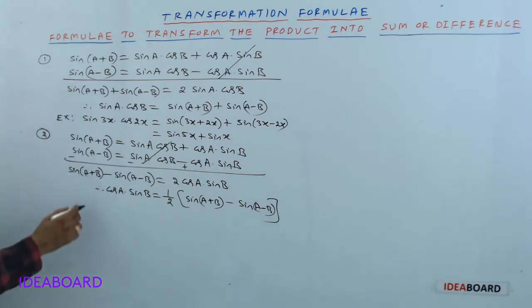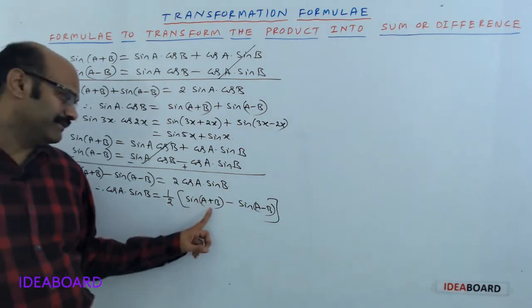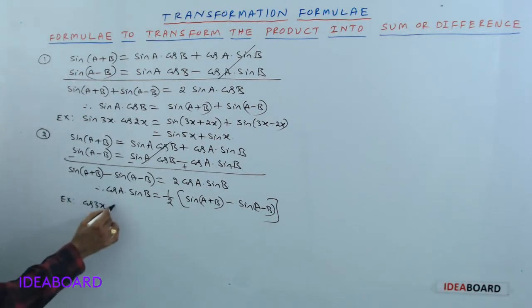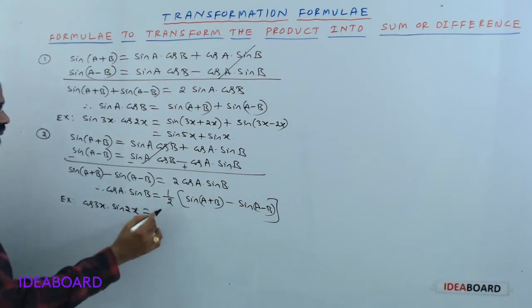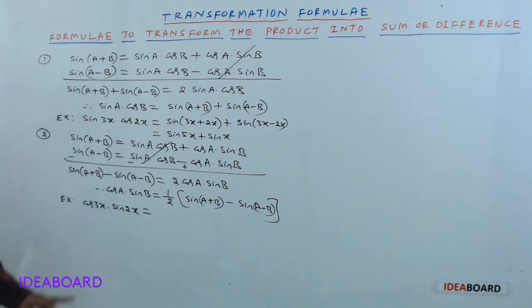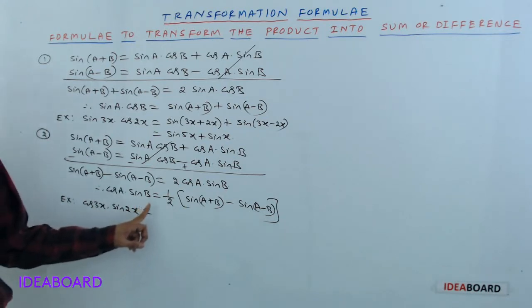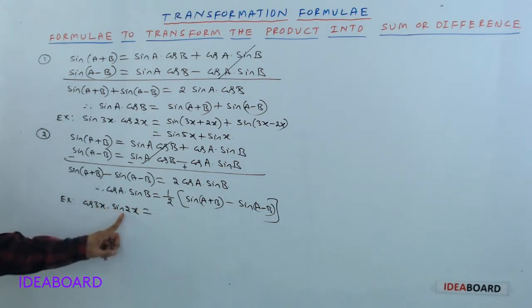Now, take an example: cos 3x into sin 2x. Write this product as a difference of trigonometric functions.